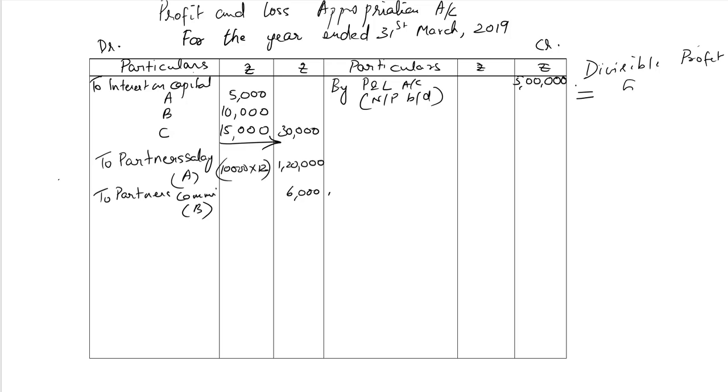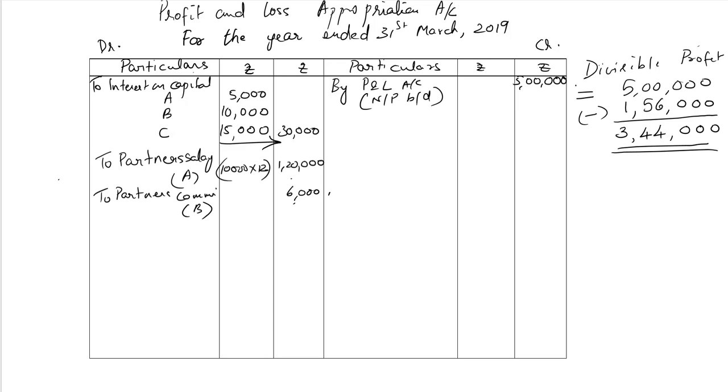The total on the credit side, Rs 5 lakh, minus the appropriations done up to now, which is the total of 30,000, 1,20,000 and 6,000, which is 1,56,000, is equal to 3,44,000. So the divisible profit is equal to 3,44,000.